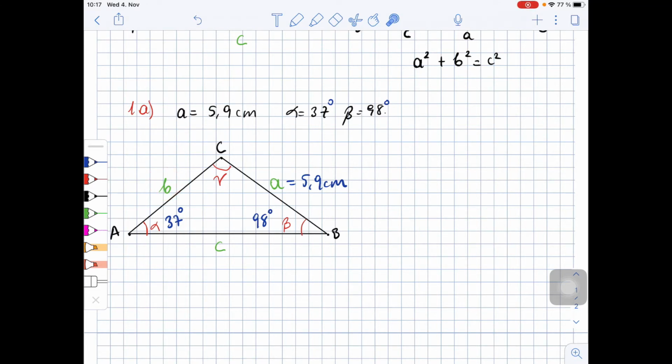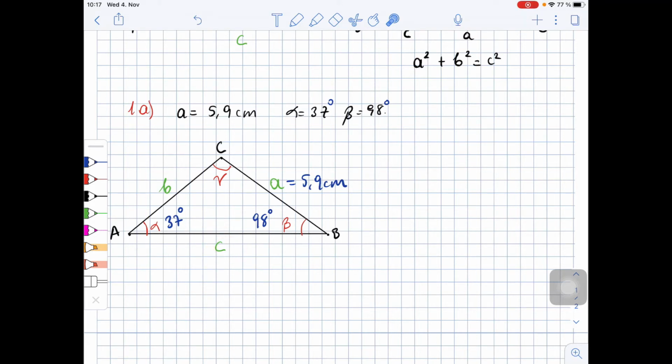If you want to find b by using the cosine rule, b squared is going to be equal to a squared, I know this, plus c squared, I do not know this, minus 2 times a times c times cosine beta. So that means I cannot use the Kosinussatz here. You know why? Because I don't know c, right?